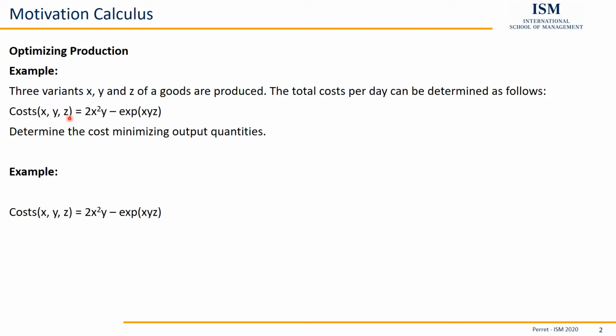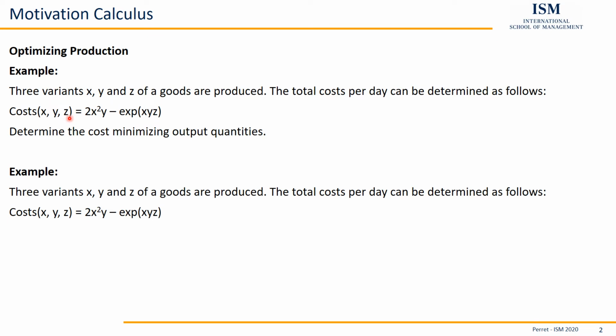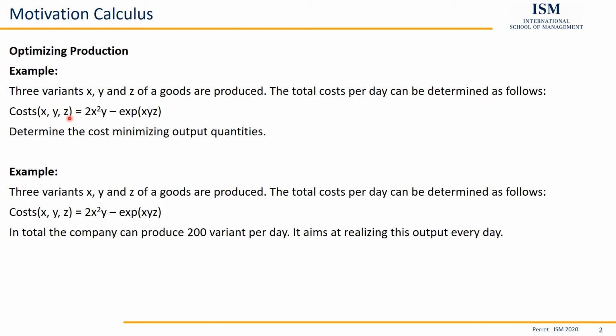One restriction, basically here, same type of problem, could be that in addition to the costs, I might have something like here, the company can produce 200 variants per day. And it also aims at realizing this output every day. So they really try to go for 200 goods each day.